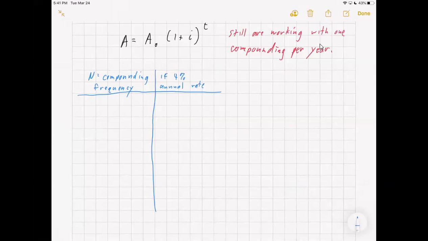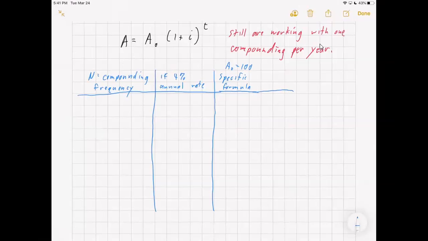Okay, then let's move to a specific formula. Let's assume for the specific formula that we're doing a $100 investment.